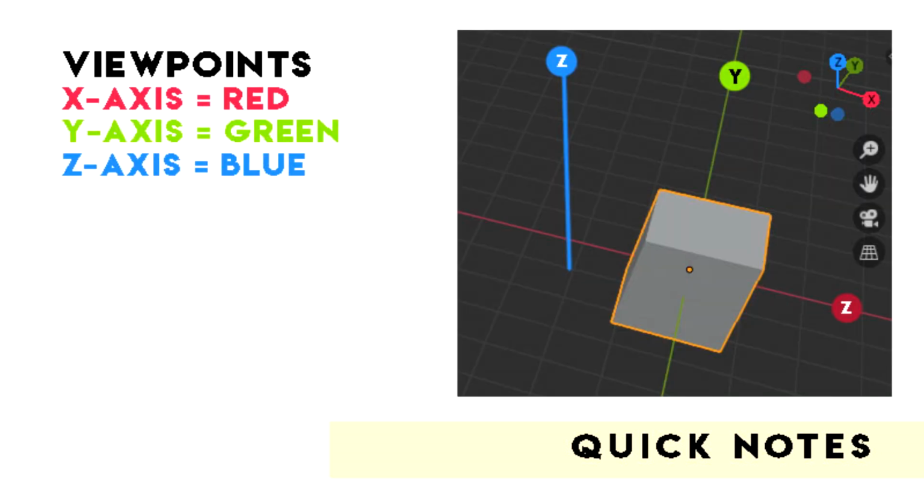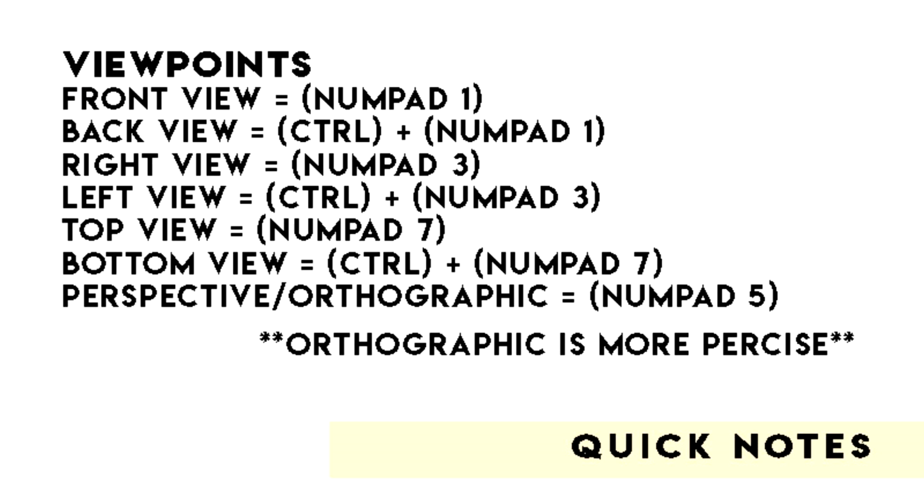For viewpoints, the x-axis is red, the y-axis is green, and the z-axis is blue. And for the viewpoints, you can see the numpad options are here. You can also set your own keys, but just look over these hotkeys and you'll know.